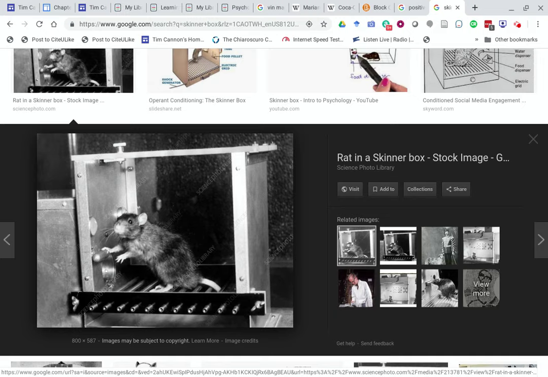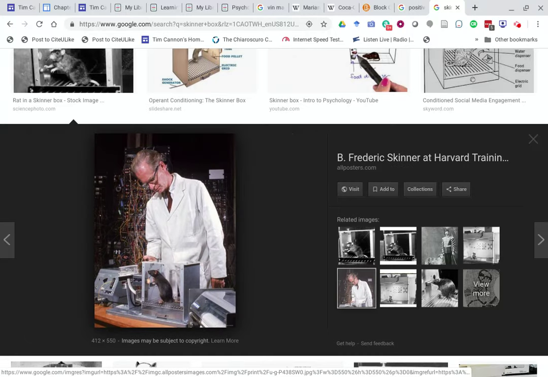This is a dispenser, usually for food, but it could be water. Here's B.F. Skinner himself with his giant head. The guy was packing a giant head. And so there's the Skinner box.